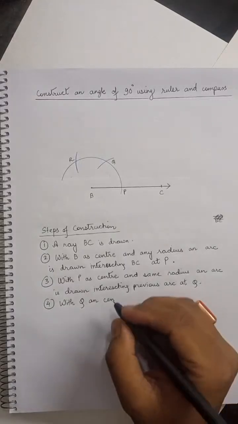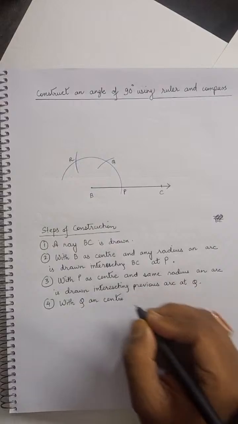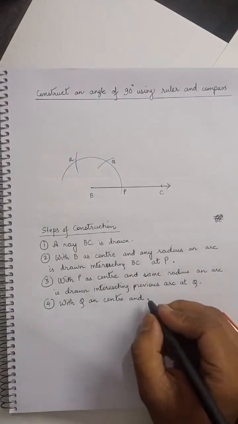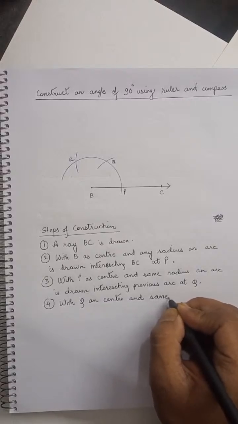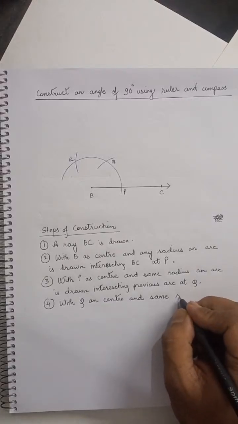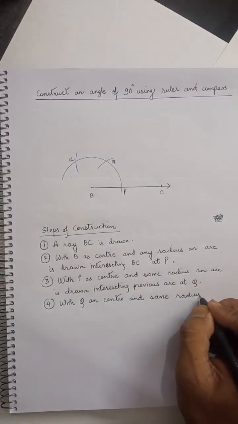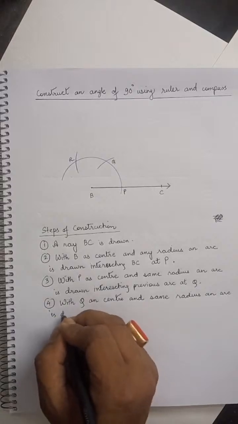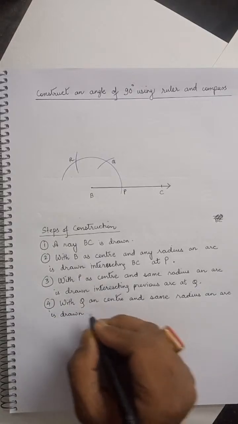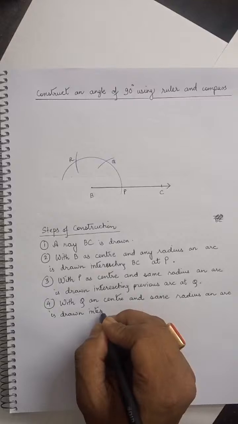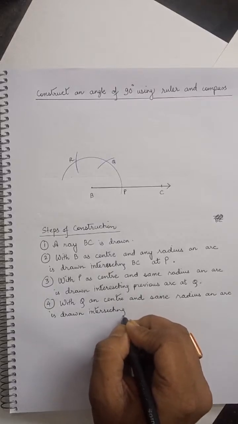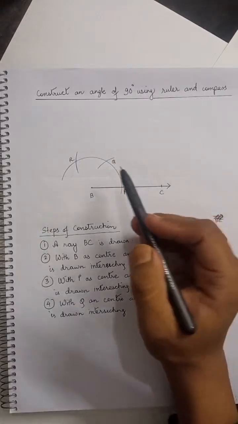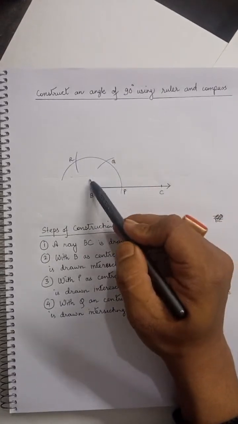So with Q as center and same radius, an arc is drawn intersecting. Now if we write intersecting the previous arc, it will mean that we are referring to this arc.